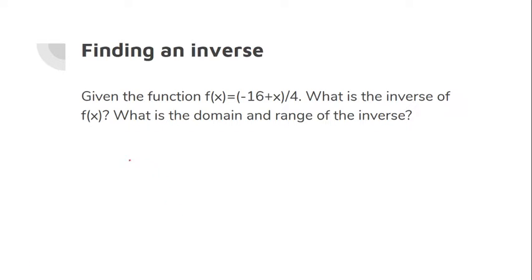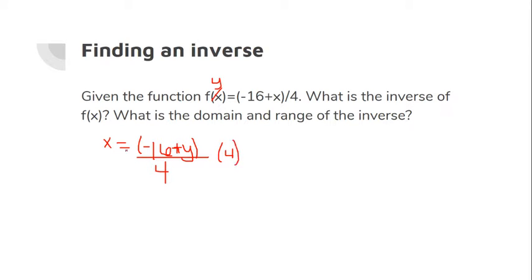So now let's actually find the inverse. The first step is instead of f of x, I'm going to write y. My second step is I'm going to switch my x and my y in my equation. So instead of y, I'm going to have x equals negative 16 plus y divided by 4. Now I need to solve this for y.